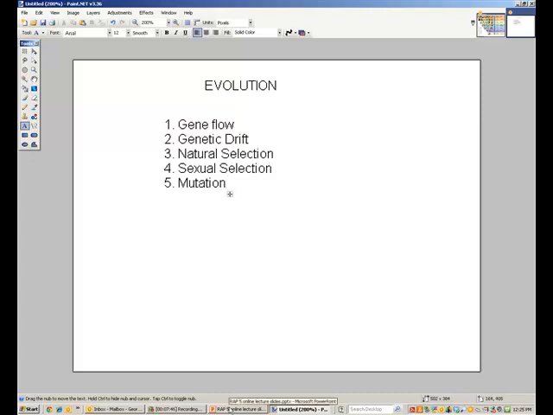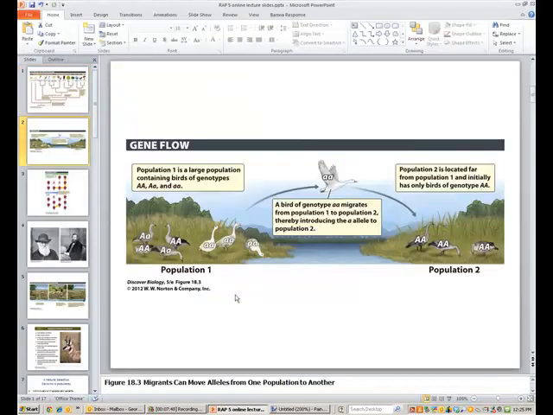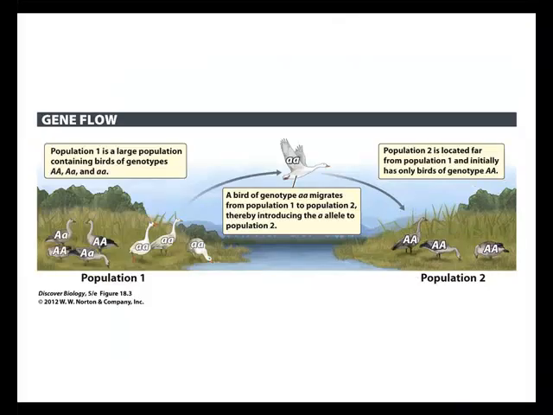Okay, so let's start with gene flow. This is the image that the book gives you for gene flow. It's a nice image that shows essentially two populations of geese. With this population over here, you have diversity in alleles. You have little a's, recessive alleles, and you have dominant alleles. Over here in this population, that's not the case.